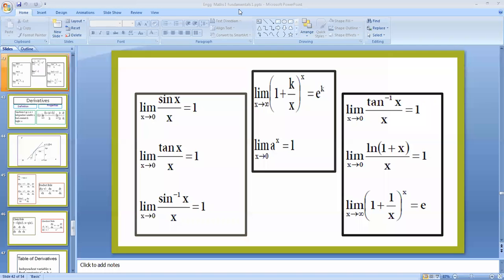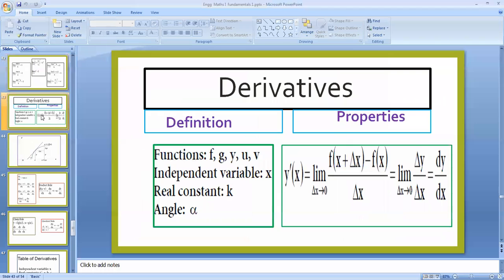In this session, we'll discuss the concept of differential, that is, derivative. First of all, you should know the theoretical definition of differential. How do you define it?